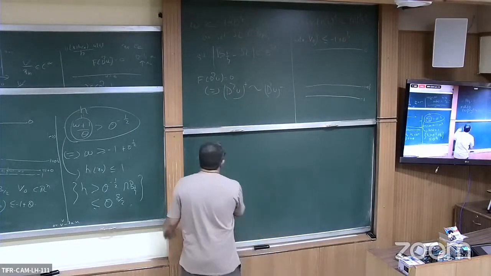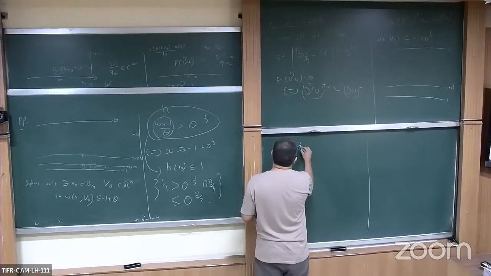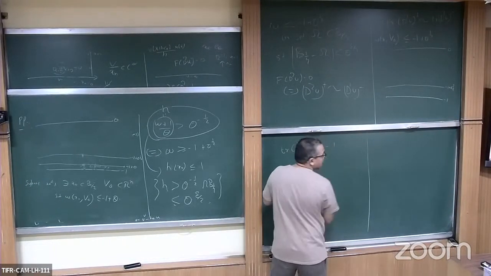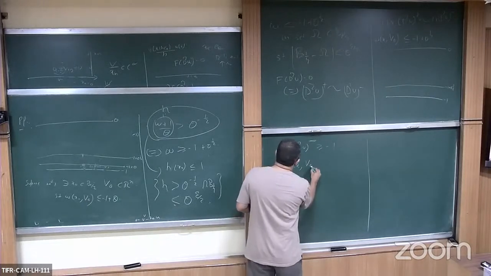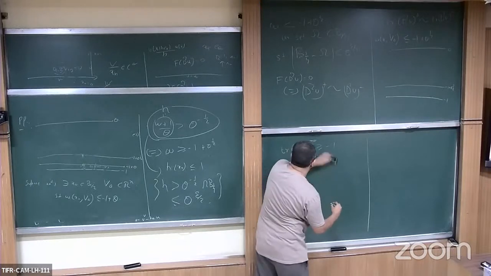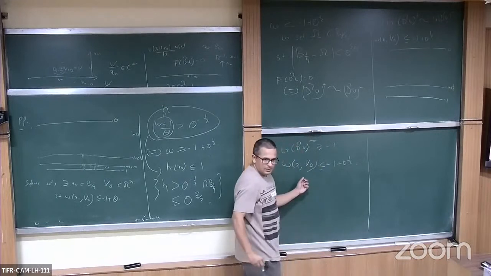Therefore, the other thing is that I know that the trace of D square u minus is bigger than or equal to -1, and W of x v naught is less than or equal to -1 plus theta half, right?